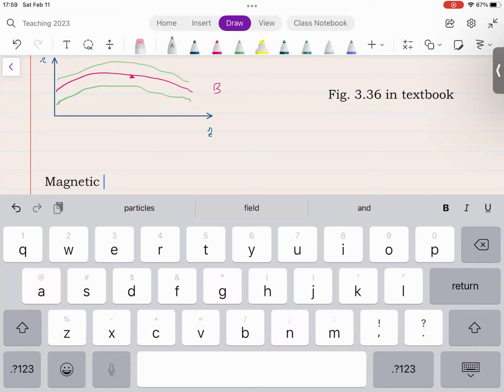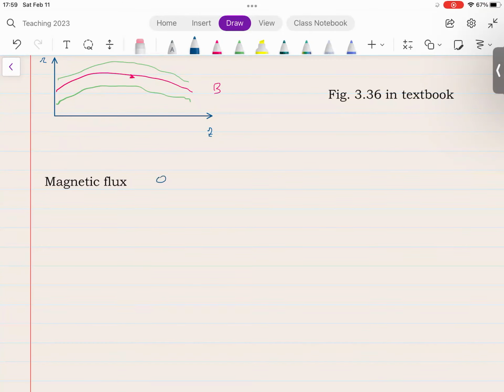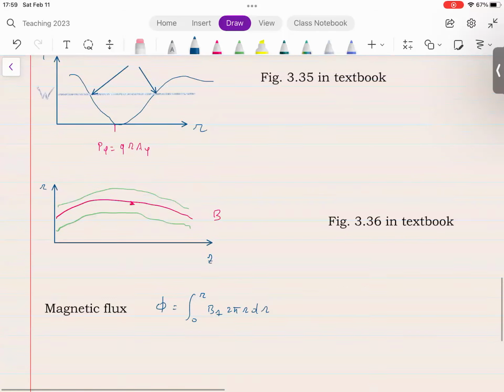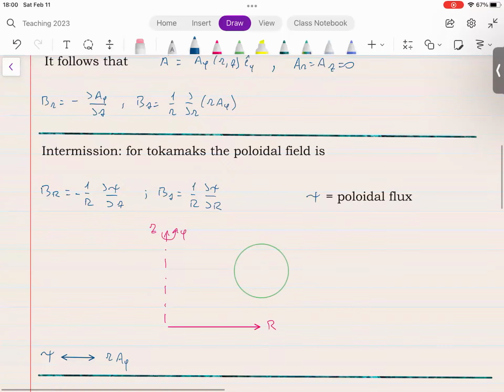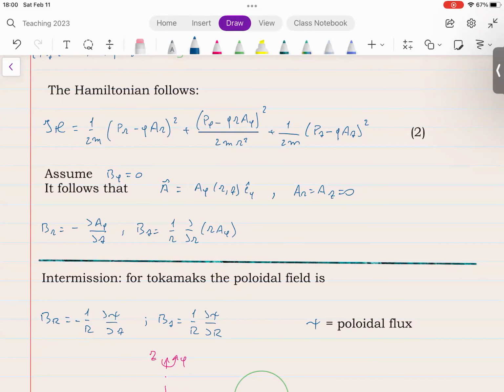This is something you're familiar with. And here I'm going to use this phi as defined as the integral between 0 and some r, I could call it r hat, or some symbol, doesn't really matter, of Bz times the surface 2 pi r dr. But you do remember what was the expression that we had for Bz: 1 over r, derivative with respect to r of r a phi.